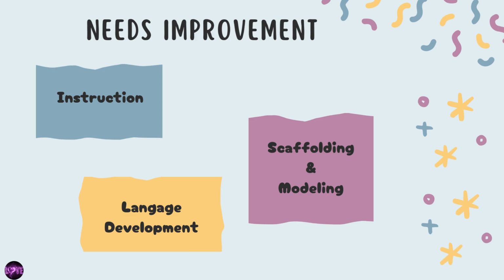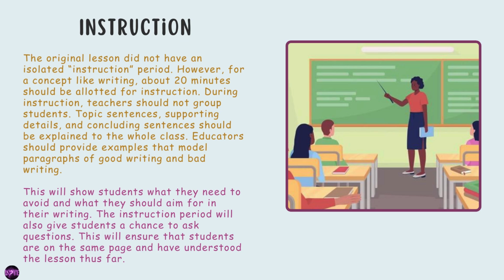On instruction, the original lesson plan did not have a specific isolated time for an instruction period, but I did isolate 20 minutes for that because I believe at least 20 minutes should be spent for the teacher to go over what the students will be learning and determine if any students have any questions about the writing process, and make sure every student in the classroom is aware of what the writing process means, not just assuming that all students know where to start.